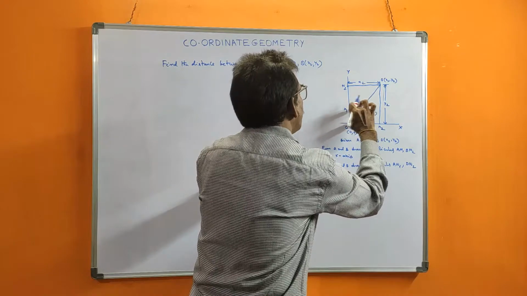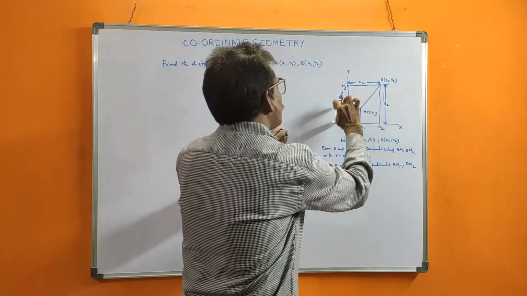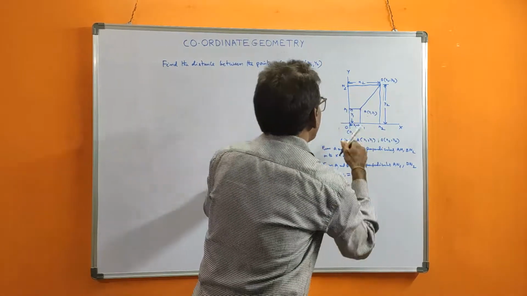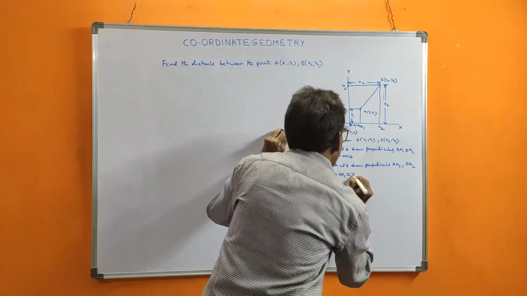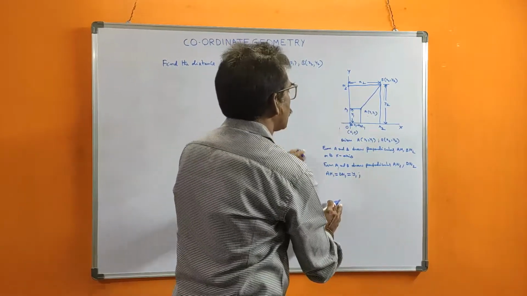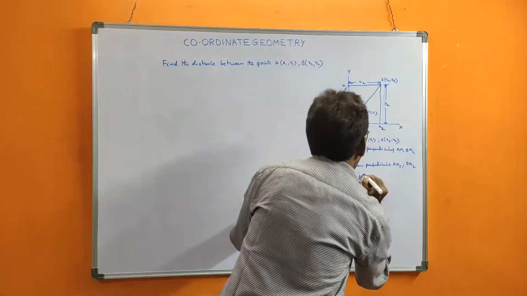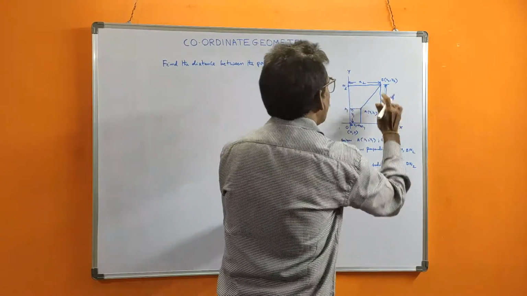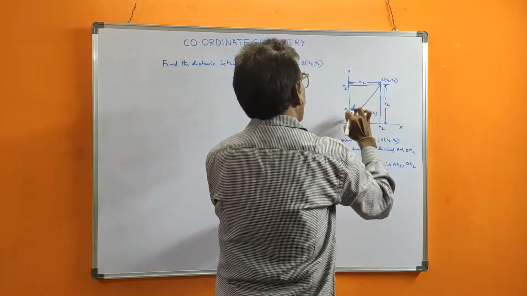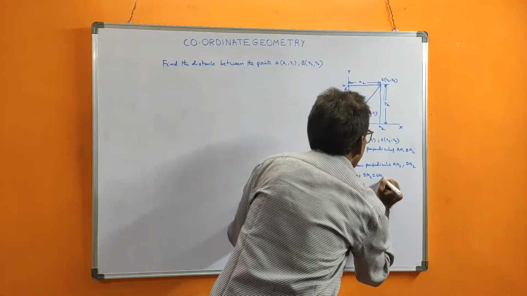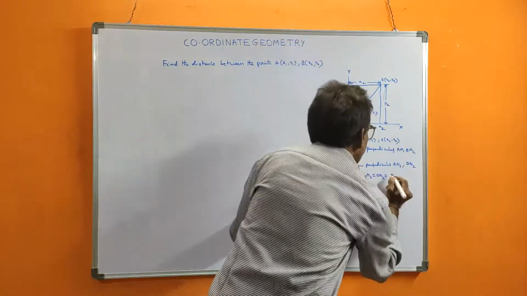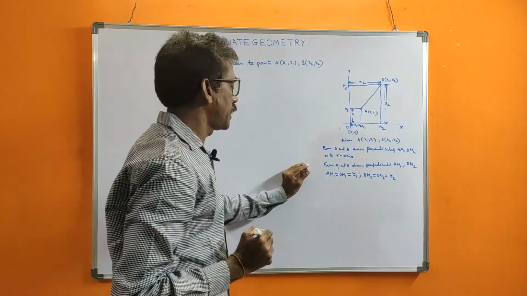These are parallel lines, and the distance between parallel lines is equal, which we know is y1. Next, in the same way, BM2 is equal to ON2, and that is y2.